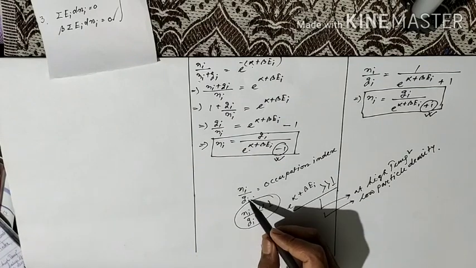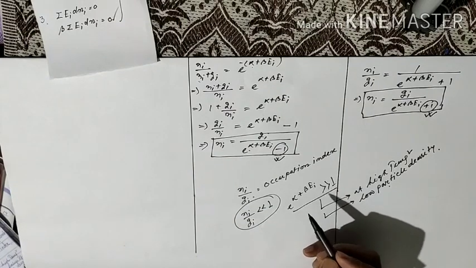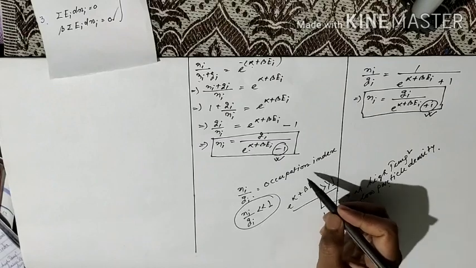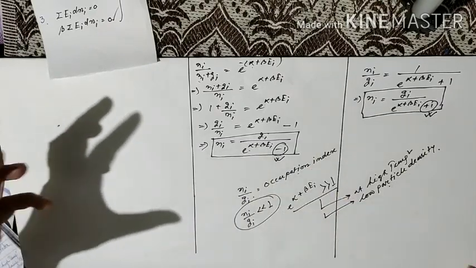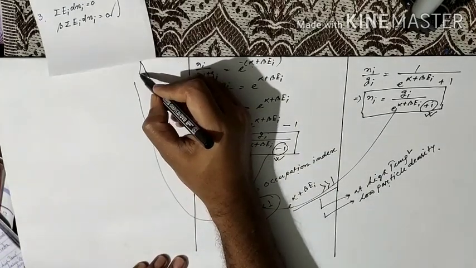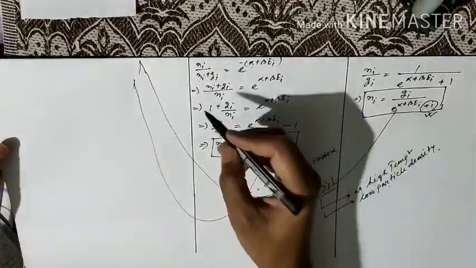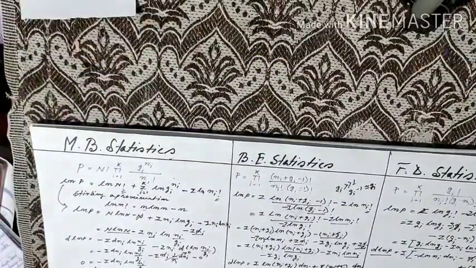This occupation index being very much less than 1 means only a very small fraction of the total number of phase cells are occupied and the rest are empty. In that case, both Fermi Dirac and Bose Einstein statistics will merge towards Maxwell Boltzmann statistics.